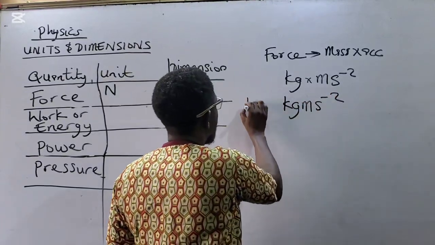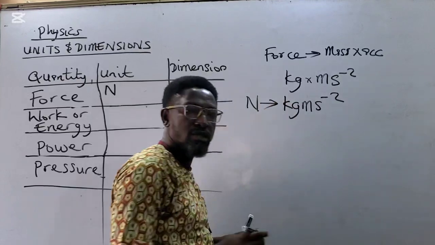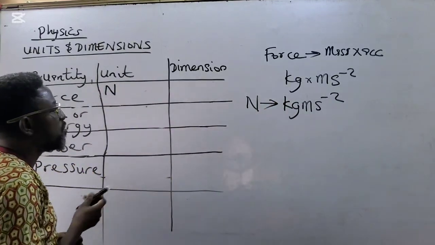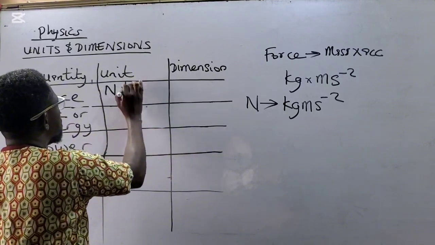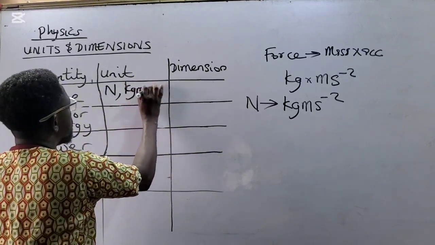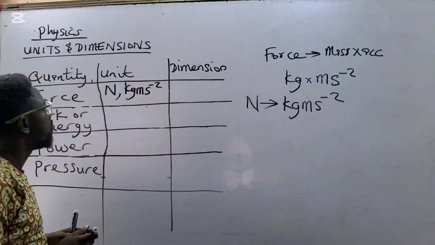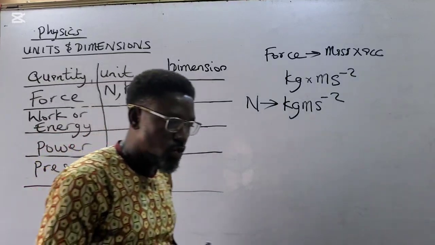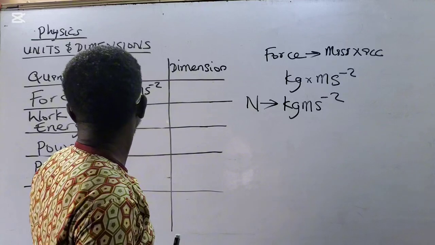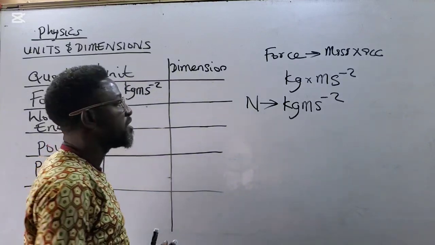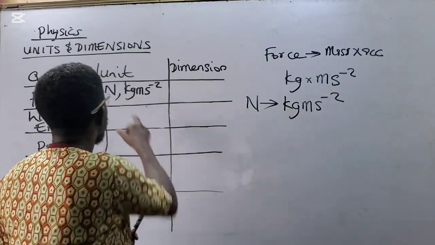And this is an equivalent unit to the newton. So that means the newton is the same thing as the kilogram meter per second square. So now that we have the equivalent unit to the newton, which is the unit of force, from there we can get the dimension of force.